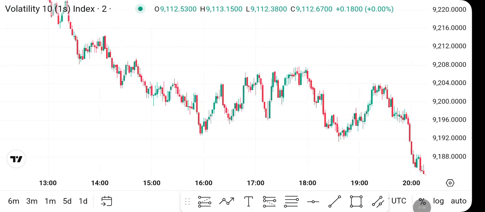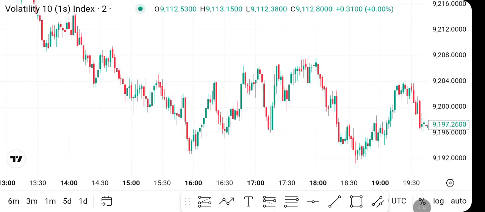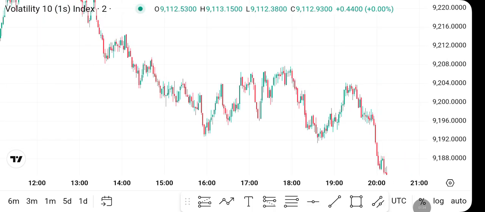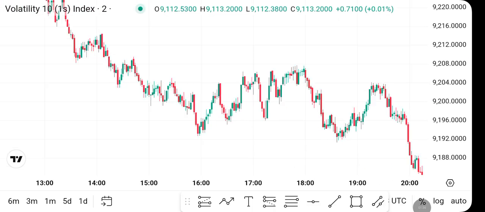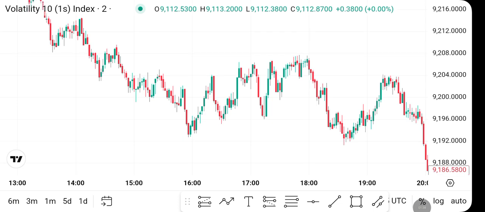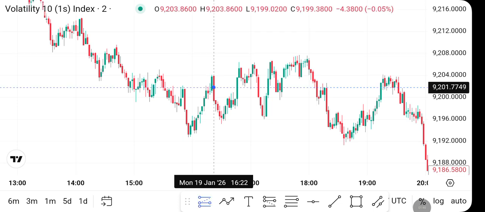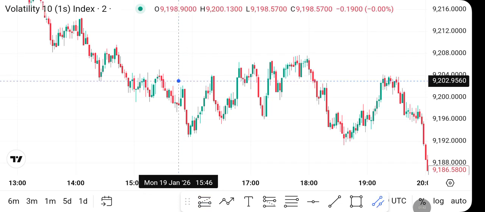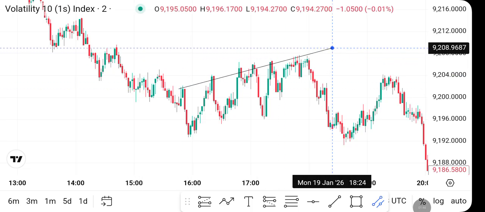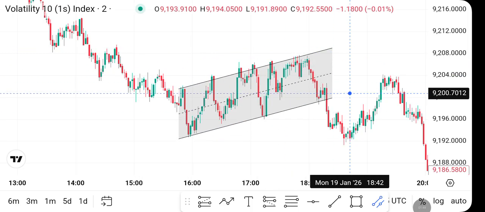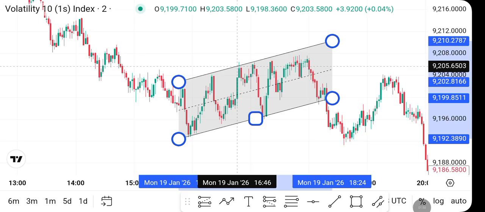So how do we know how we scalp? You scalp within channels, within consistent support and resistance levels. For example, this is a support, a resistance, a support level. Very easy.